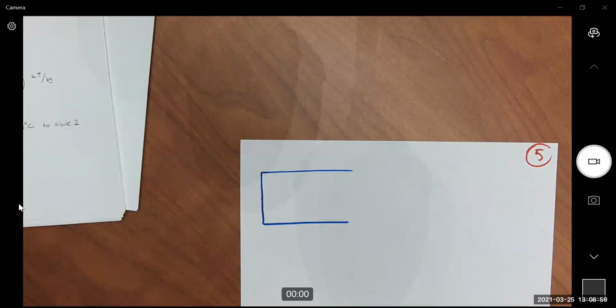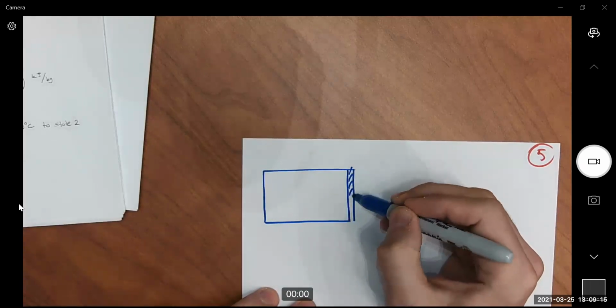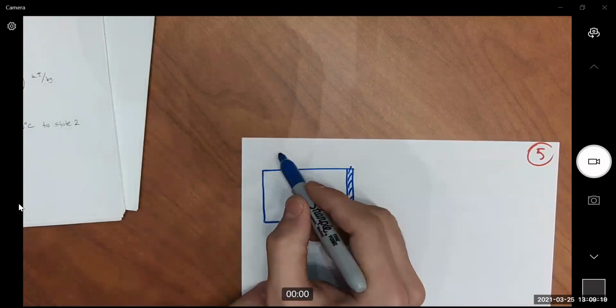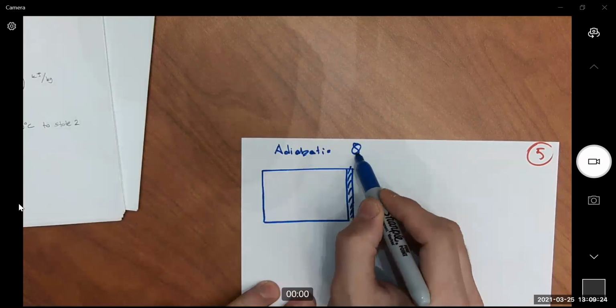Since we covered all those cases, I assume that you know how to treat closed system and open system. We are just introducing the entropy approach, second law approach to those cases. So we have a system which is closed in this case, and it's adiabatic, where Q is 0.